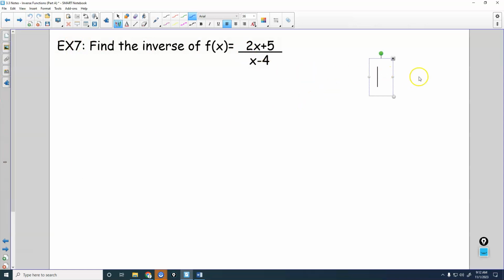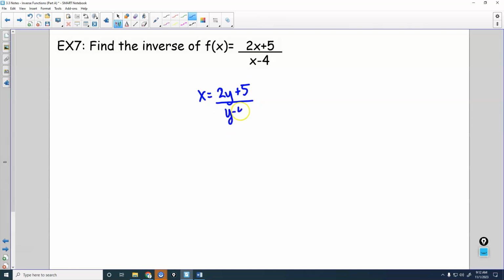All right. So for this, you got to switch your x and y's. So you're going to have y equals 2. I'm sorry. No. You're going to have x equals 2y plus 5 over y minus 4.